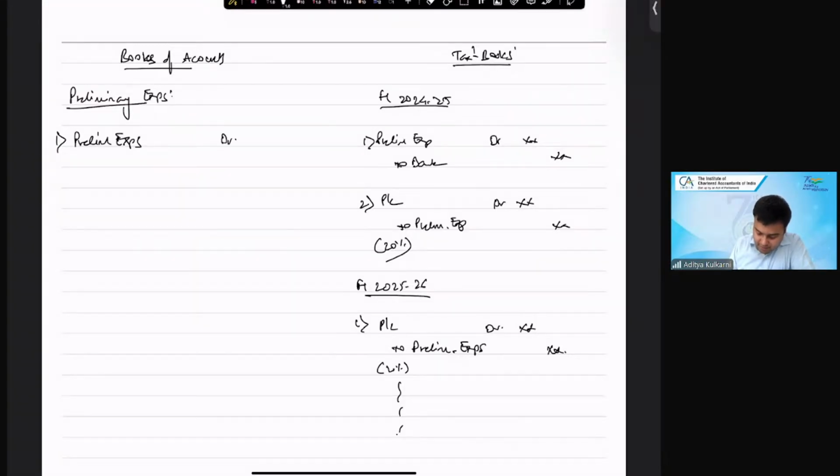Preliminary expense account debit to the bank. And where do these preliminary expenses go? Have you studied Ind AS 38? Sir, it will go to the asset side, sir. Have you studied Ind AS 38?